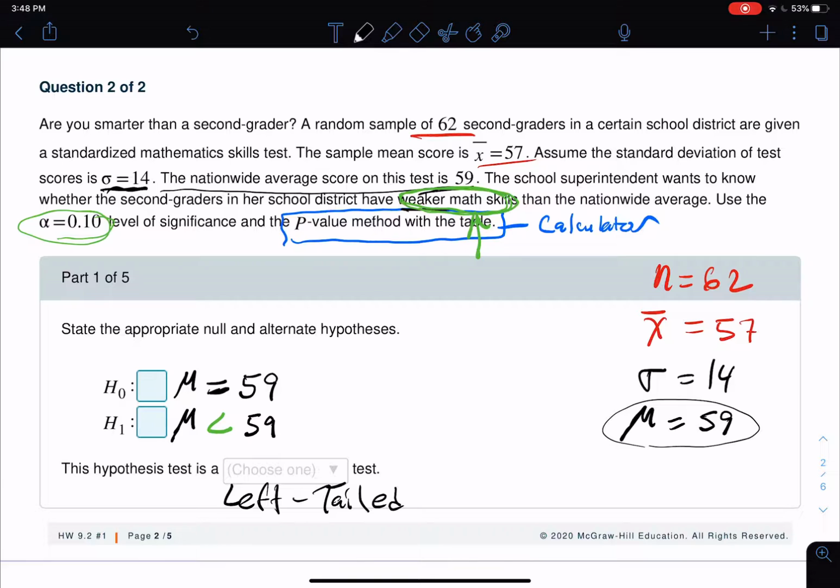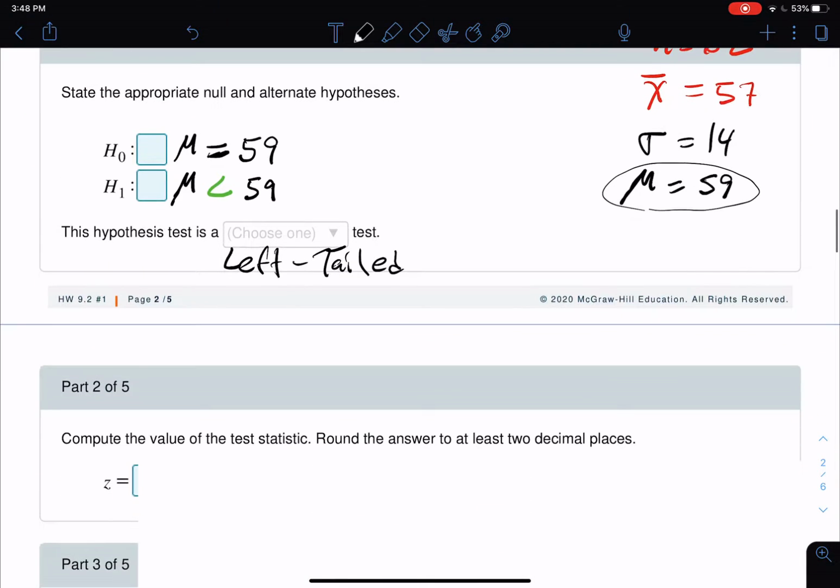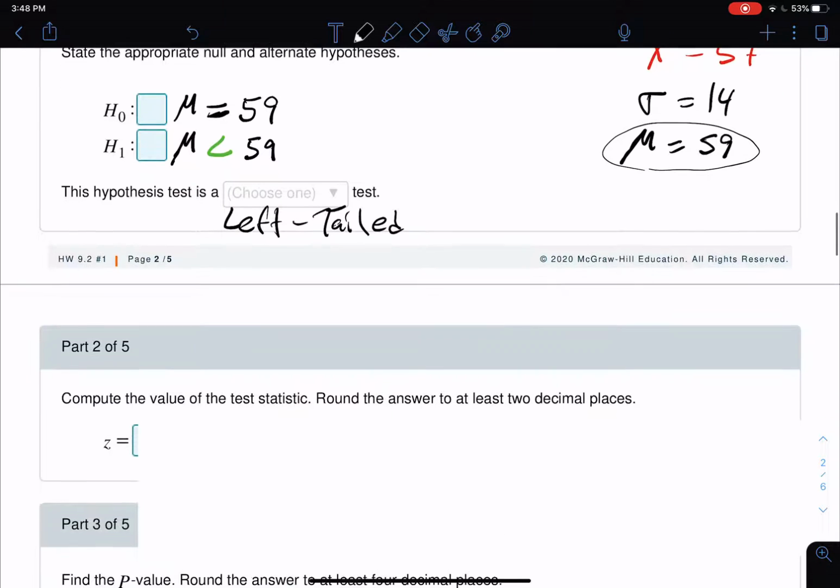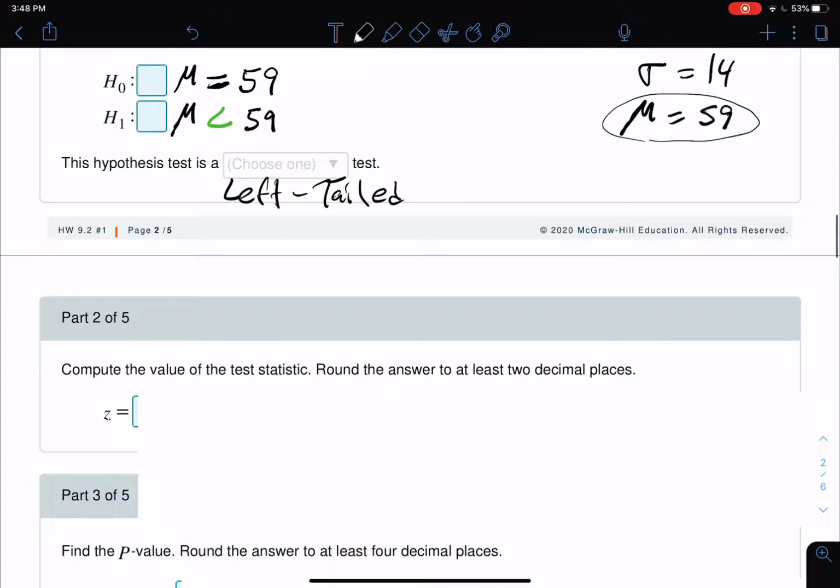Okay, continuing on. They want us to compute the value of the test statistic. Remember that equals X bar minus the population mean, specifically the one we got from our null hypothesis, all over the population standard deviation sigma.